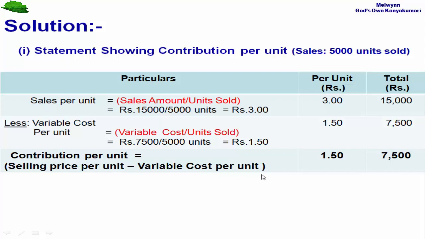That is rupees 3 minus rupees 1.50 is equal to rupees 1.50 per unit. That is contribution per unit. Then total amount rupees 15,000 minus rupees 7,500 is equal to rupees 7,500.